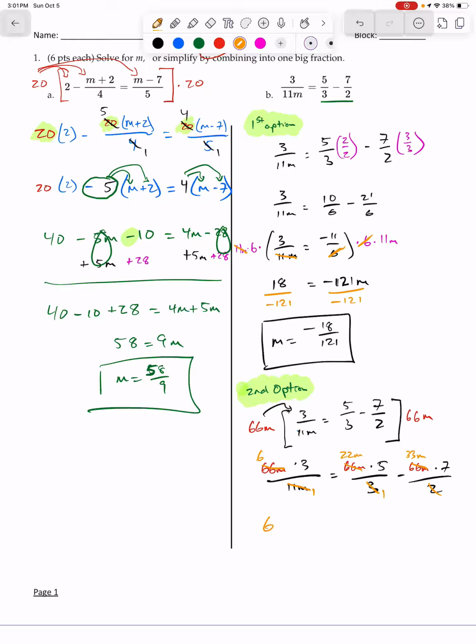So I get 6 times 3 equals 22m times 5 minus 33m times 7, which is 18 equals 110m minus, what is it, 231m, I think, which is negative 121m. So m equals negative 18 over 121.